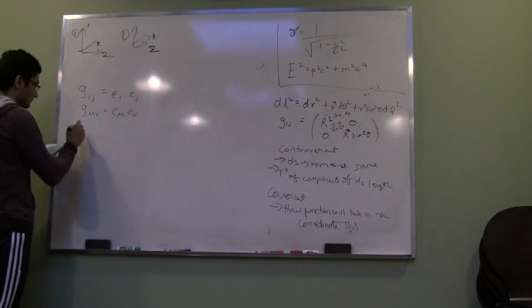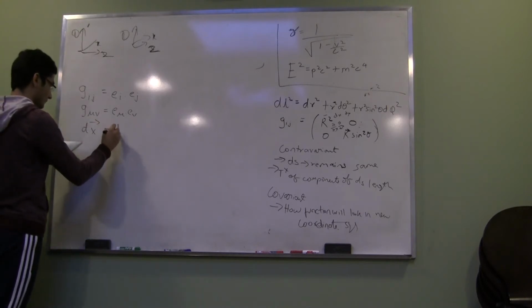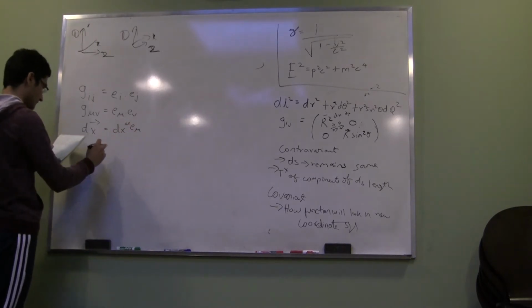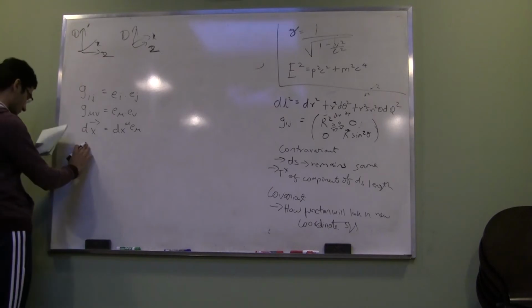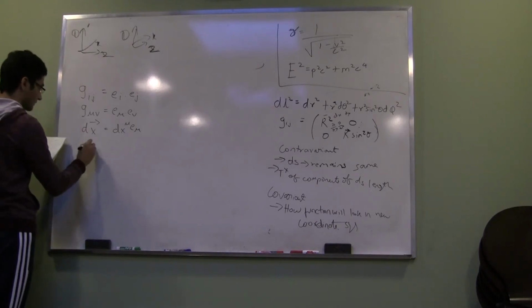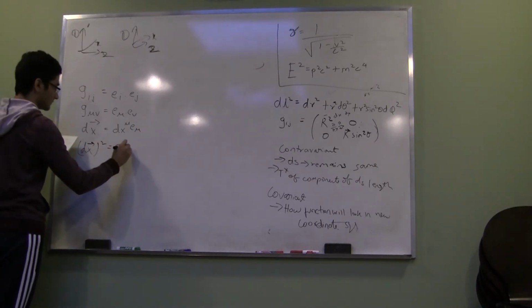So if you know the basis, then you can get the metric from that by taking the dot product of the basis vectors. You know that, right? But I think I'll just write it down. dx squared, dx.